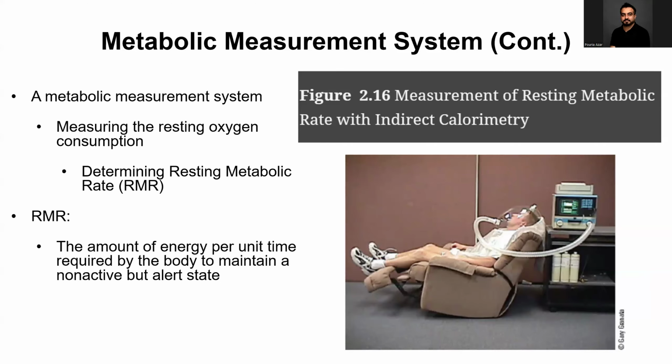And the RMR is the amount of energy per unit time required by the body to maintain a non-active but alert state. So this guy is alert, but he's non-active, he's at rest. So the energy that shows up here is the resting metabolic rate. And it's measured in the supine position. This is the position the guy has in this picture.